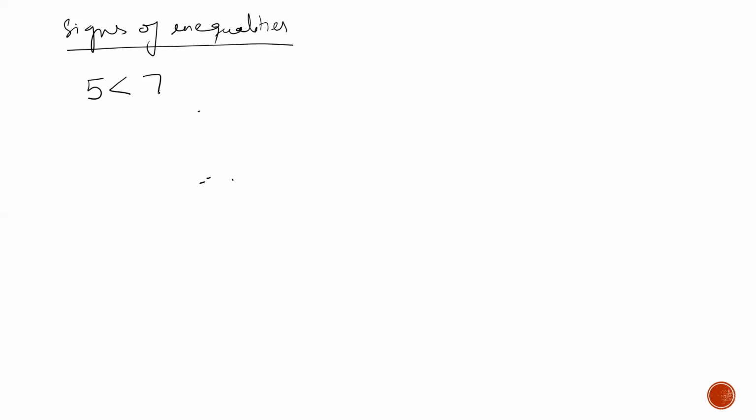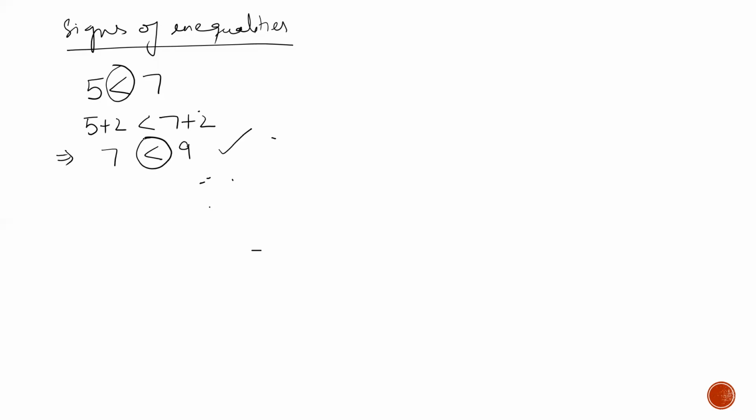Now, if I'm adding 2 to both sides, what will I get? I'll get 5 plus 2 less than 7 plus 2, which means 7 is less than 9, which is true.